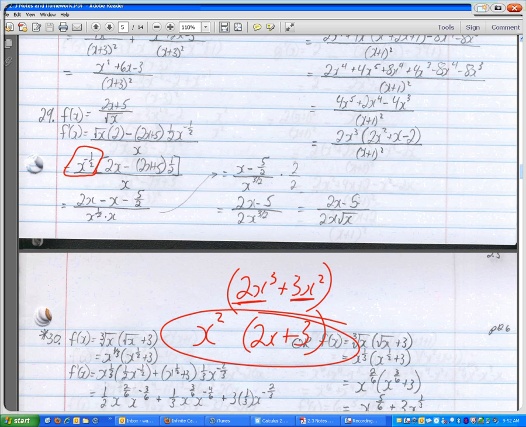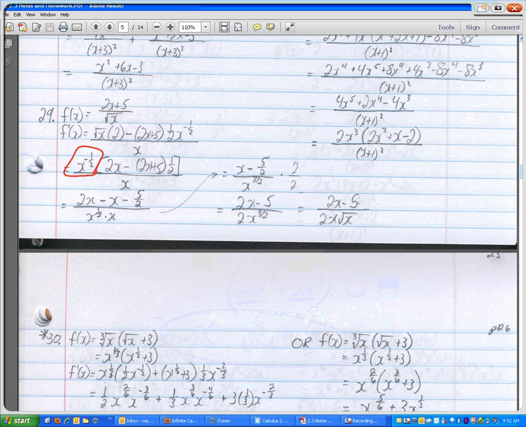Now, the division gets a little complicated. So you with me on always using the smallest exponent? Now we've got to be careful with the division. So let me rewrite that square root of x times 2 as 2x to the 1/2. I'm going to divide out an x to the negative 1/2. I know I still have the 2. Now, I said divide out, because I mean divide out.